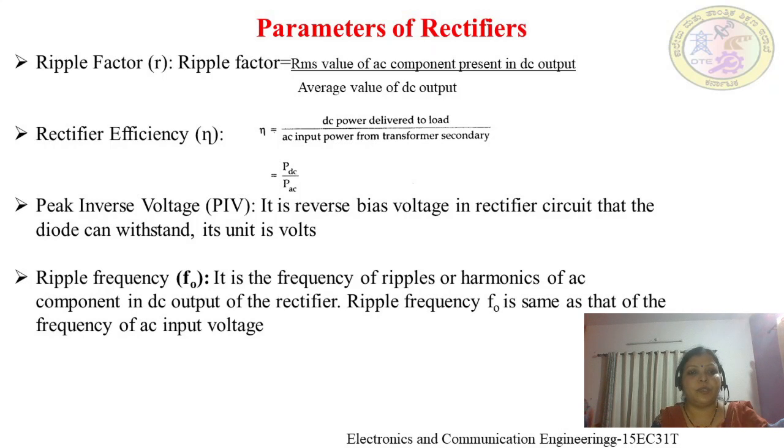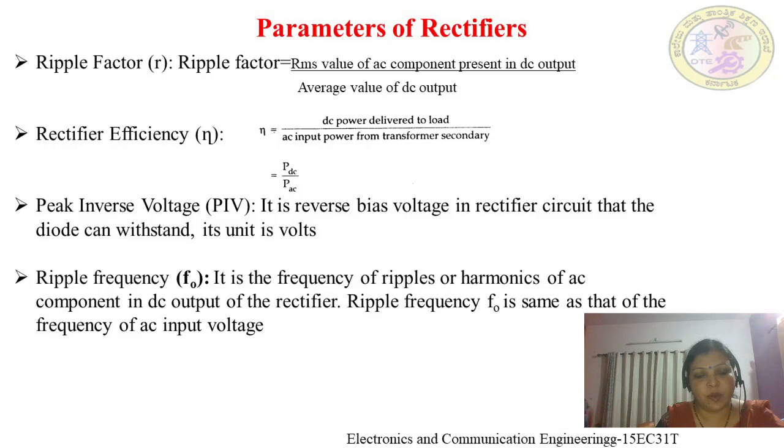Hope you understood ripple factor, rectifier efficiency, peak inverse voltage, and ripple frequency. Ripple frequency is the frequency, that is, the number of cycles per second, of the ripples. Ripples are the harmonics, the AC component, that we get in the output of the rectifier.